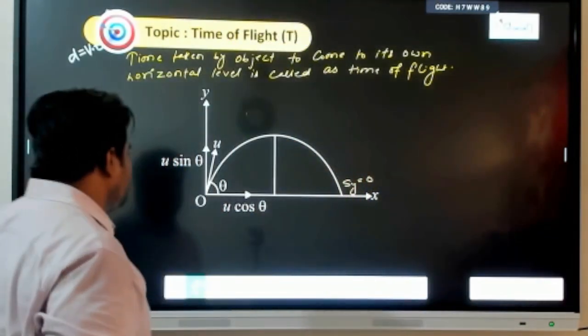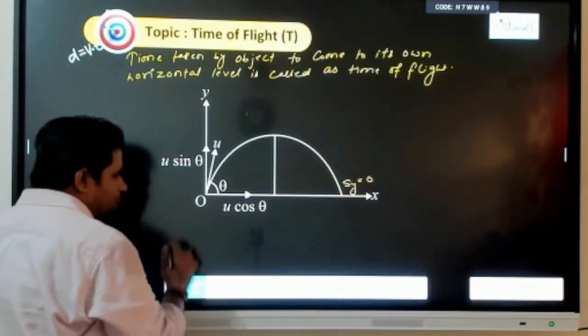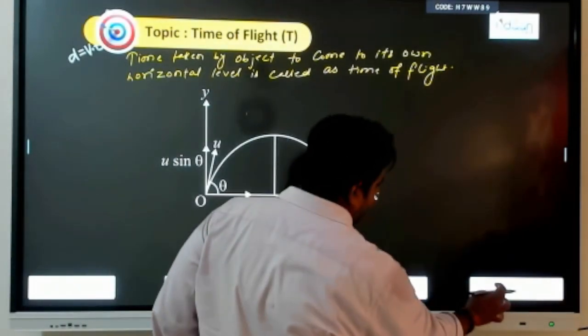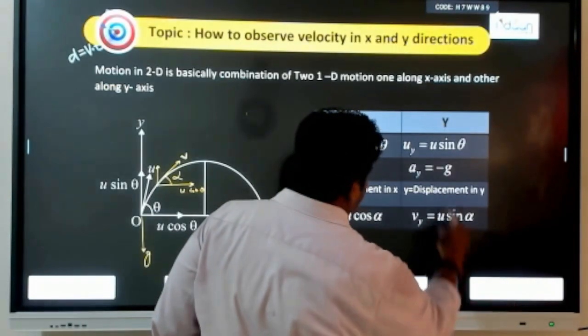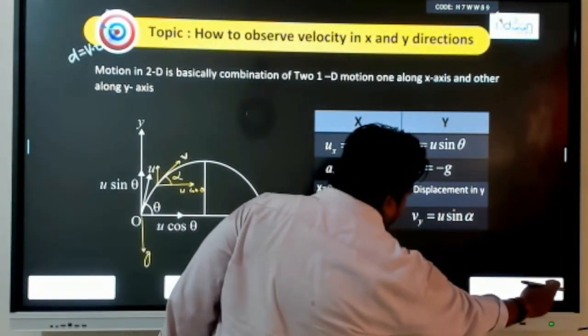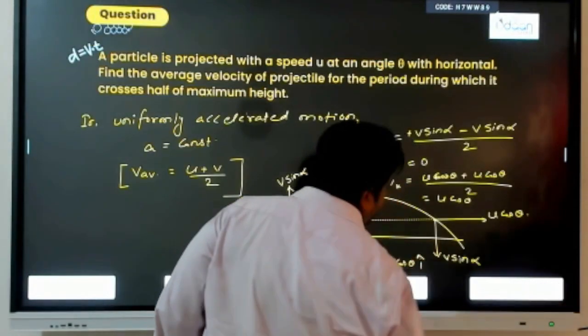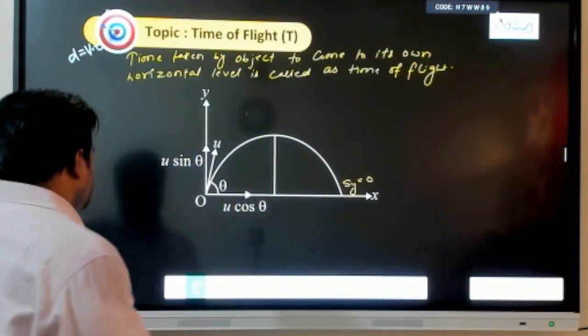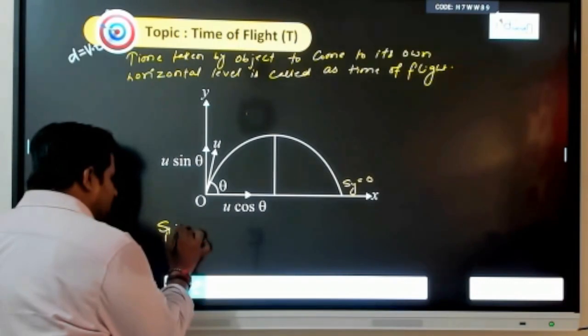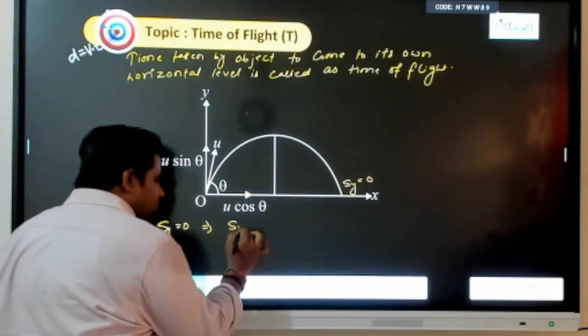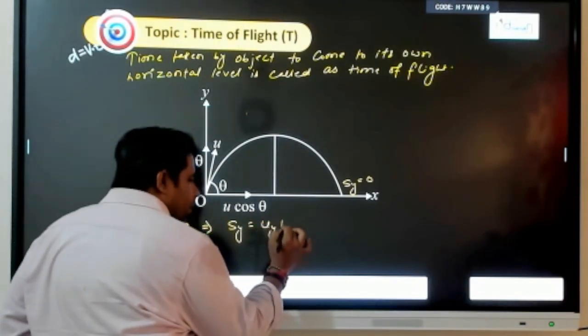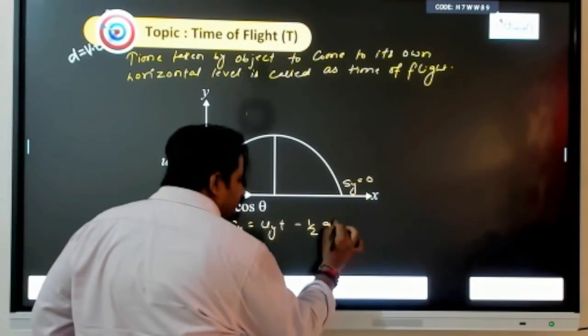If the displacement in y direction is 0, you are just going to put all the values which we have written here and apply them. So if you write Sy equals 0, Sy is what? Uy t minus half g t square, right?